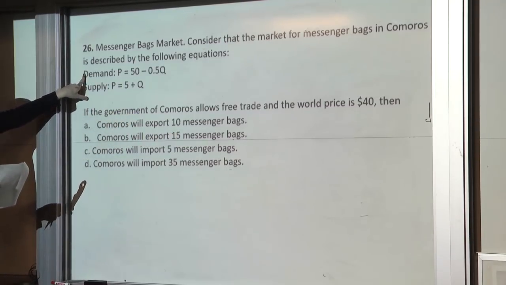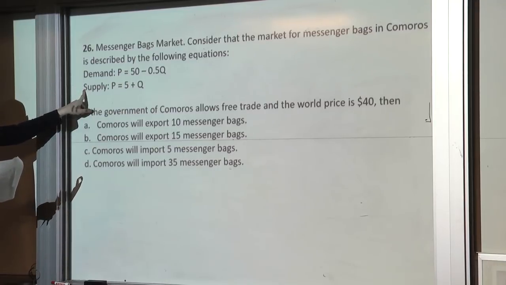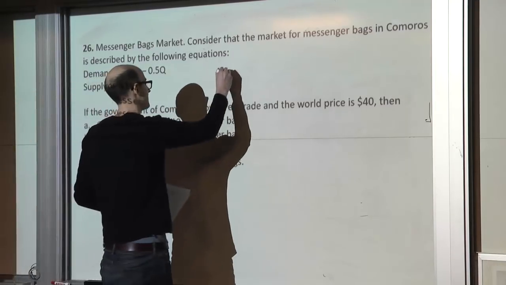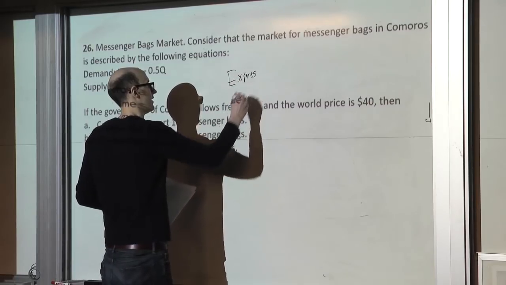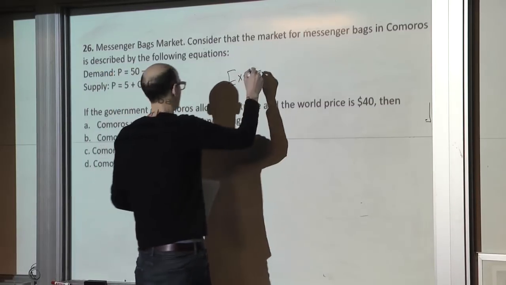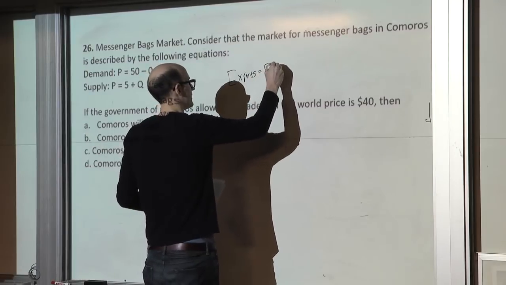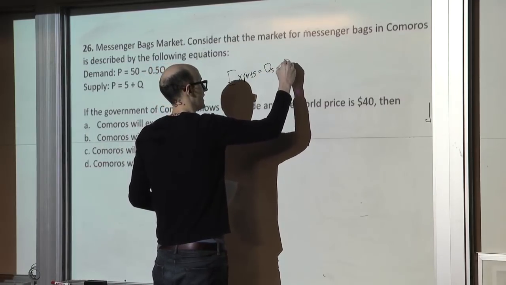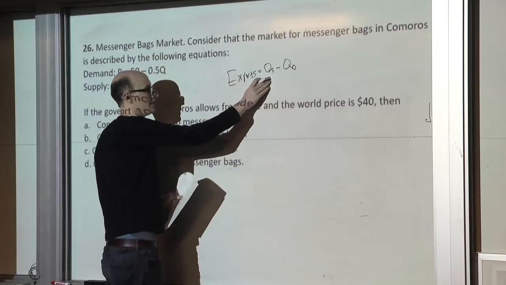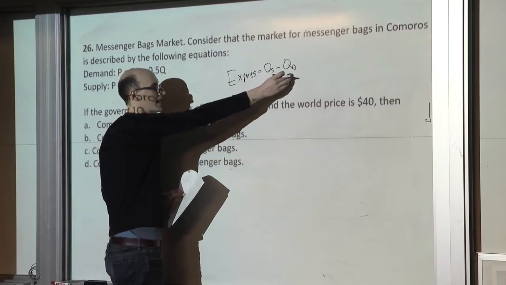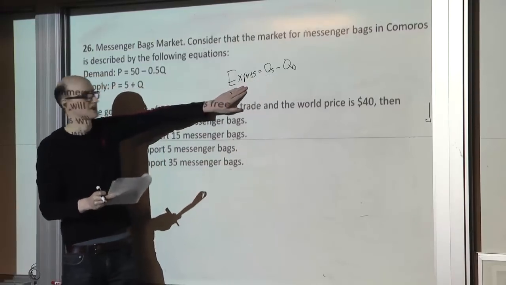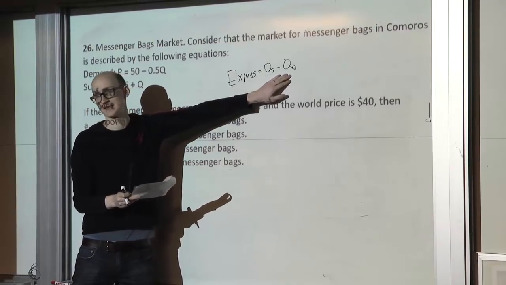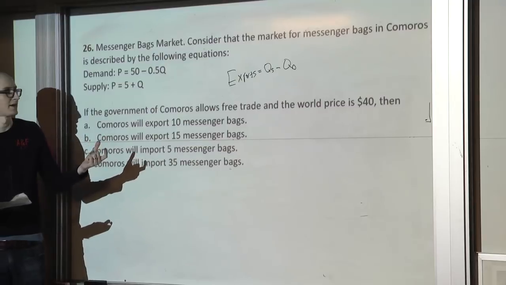We just plug it into the demand curve, plug it into the supply curve, and then exports will equal quantity supplied minus quantity demanded, because if the quantity supplied is greater than the quantity demanded, then they're going to export some of the stuff that they couldn't sell to the consumers within the country.